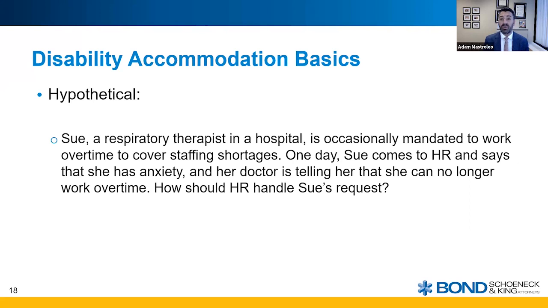Well, okay, how is working overtime limited by your specific condition? You would then identify some potential accommodations. Maybe not working overtime isn't the best accommodation to work with Sue's anxiety, and you can have a dialogue about that with her. You also are going to perform an undue hardship analysis here.